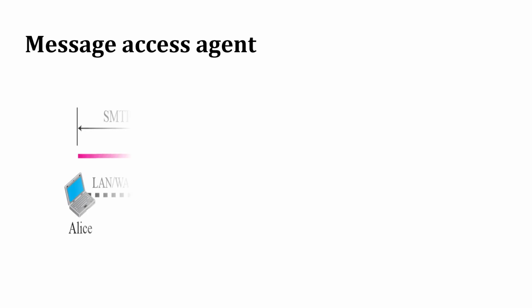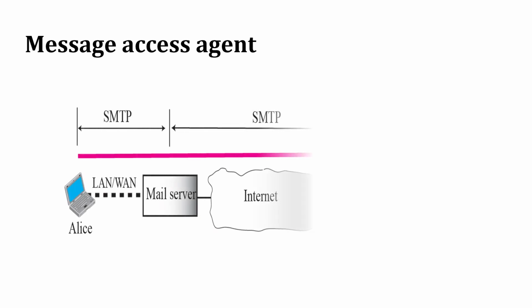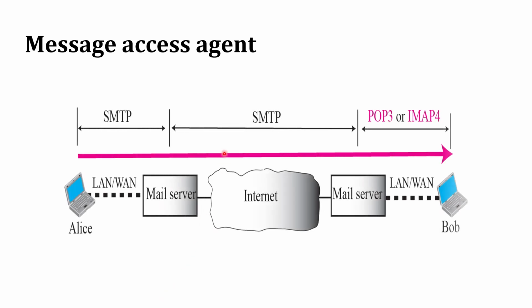The first and second stage of mail delivery use SMTP, the Simple Mail Transfer Protocol, to push messages from the client to server. However, SMTP is not used in the third stage. Since SMTP is a push protocol, it cannot be used to retrieve messages from the server.